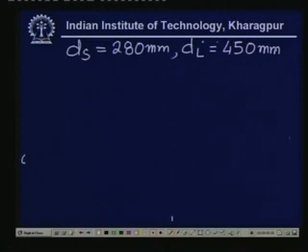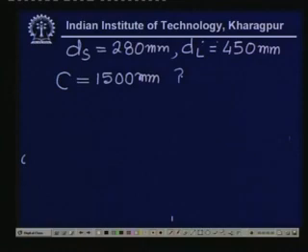Now in this case, we set a center distance. Nothing I have spoken about the center distance yet. Let us choose the center distance to be around 1500 mm. Why?